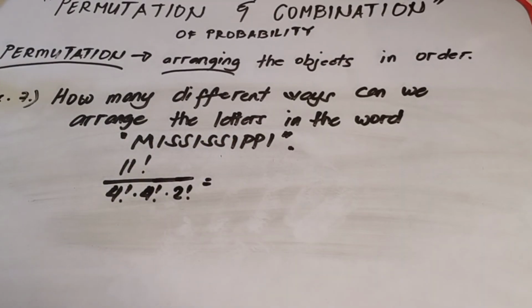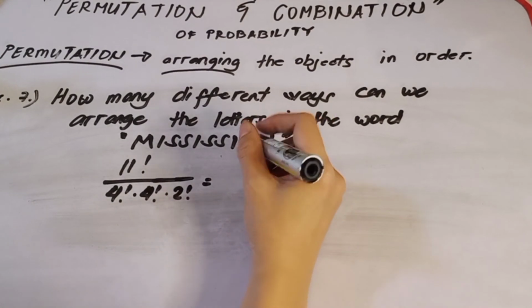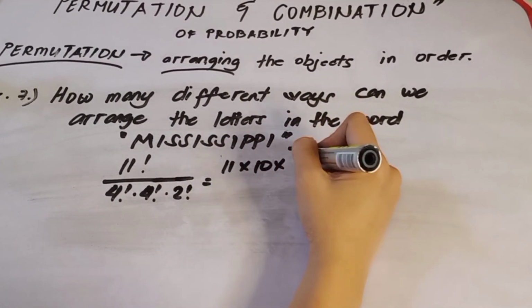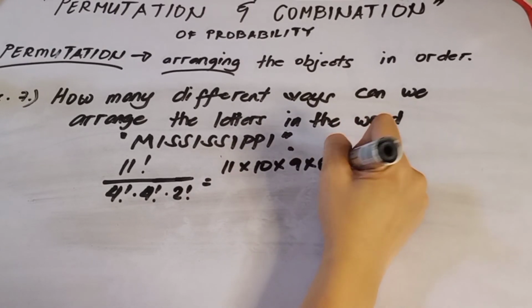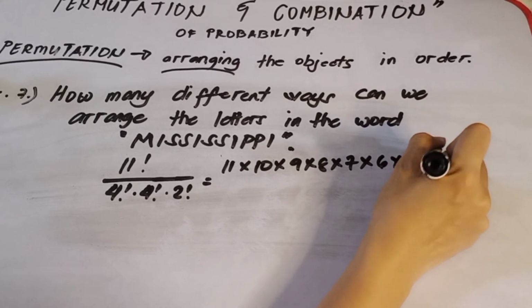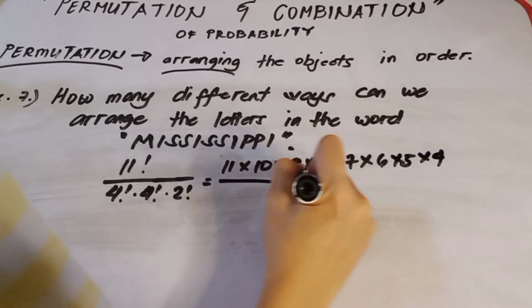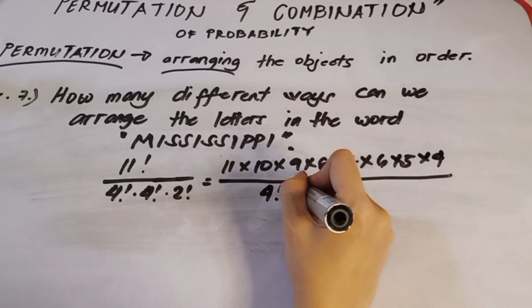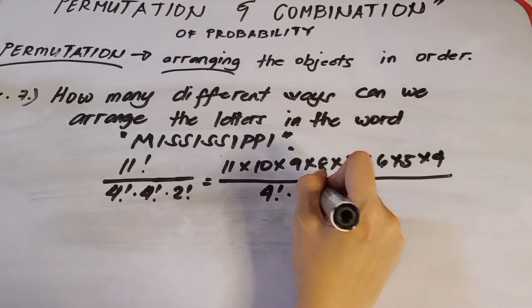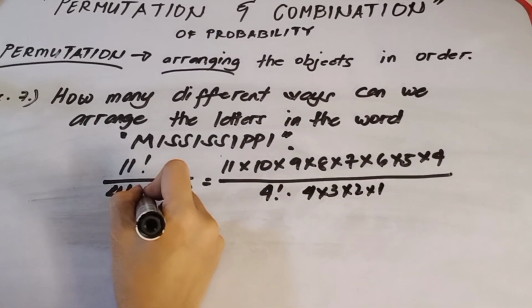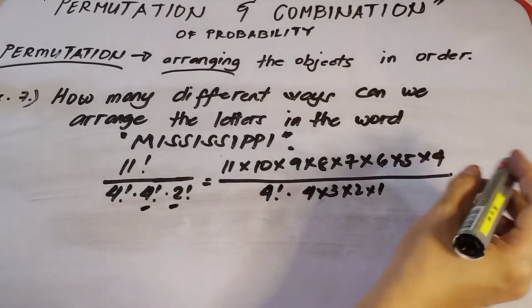So, to simplify our answer, that is 11 times 10 times 9 times 8 times 7 times 6 times 5 times 4. Okay. So, hanggang dyan na lang tayo sa 4. And then we have 4 factorial times 4 times 3 times 2 times 1. Ito yan, yung 4 factorial. And then yung 2 factorial.